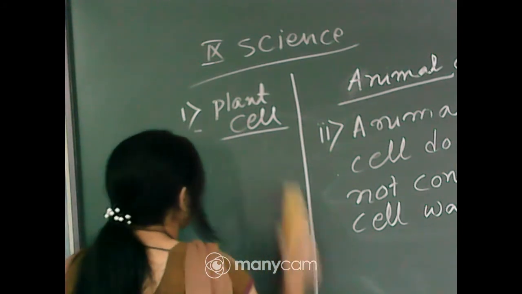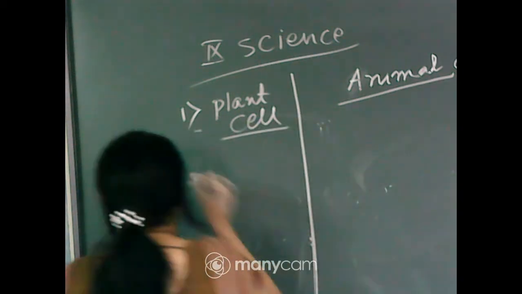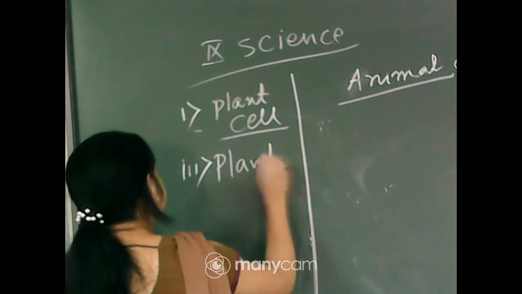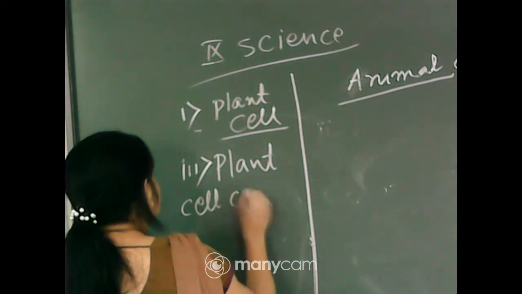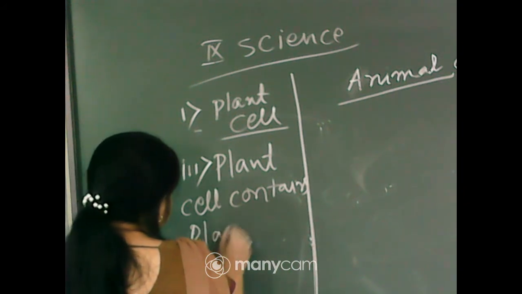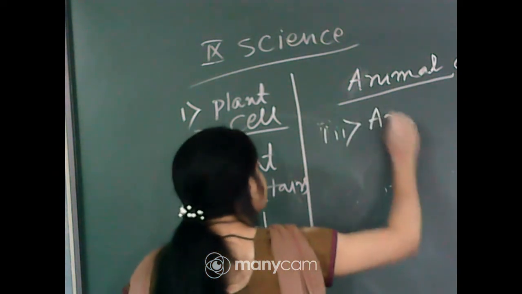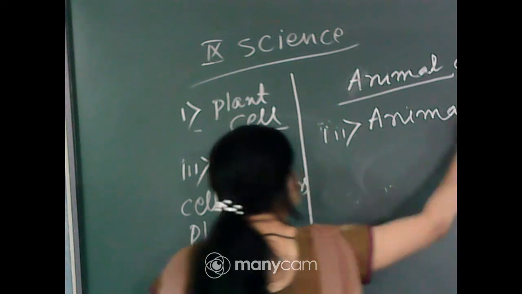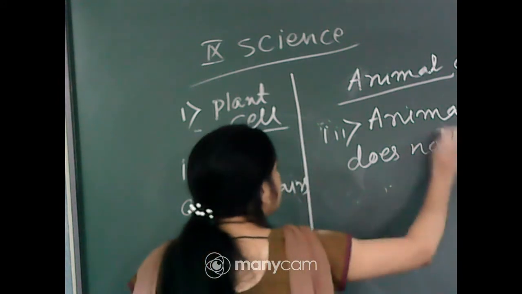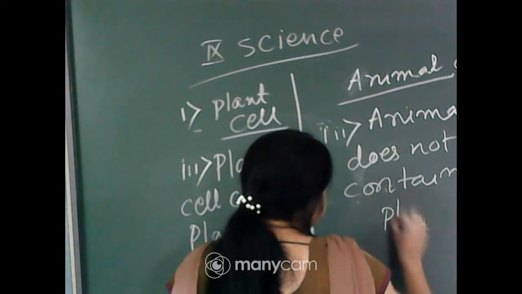That's why plants are green in color, but animal cells do not contain any type of color pigments.